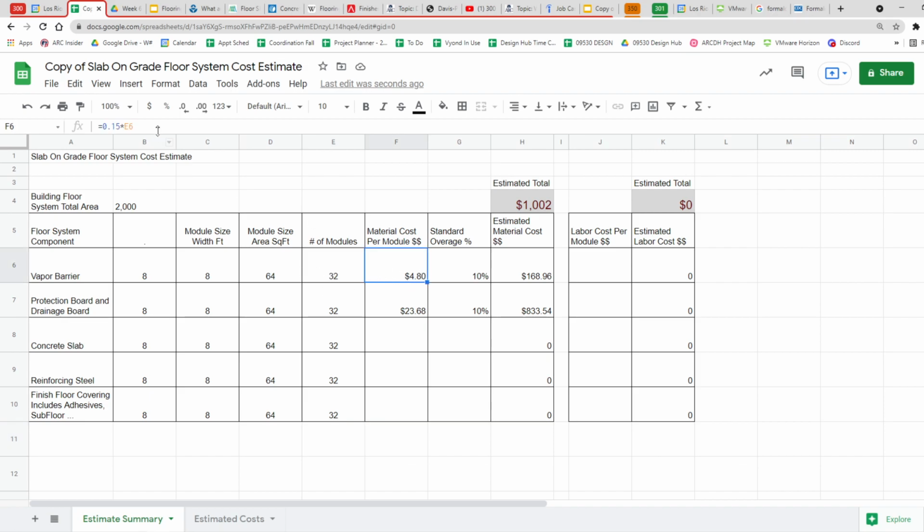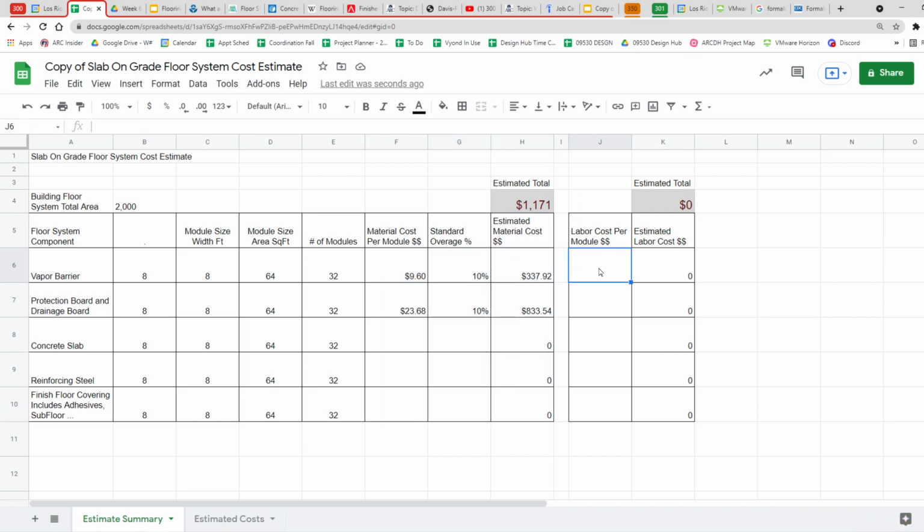Oops, I got that one wrong. Times the square feet, not the number of modules. That's the idea about having spreadsheet calculators. So you'll need to do that for all the rest of them, and you'll get an estimated total cost.